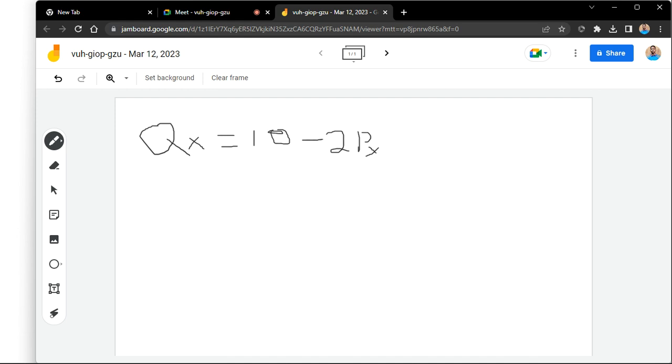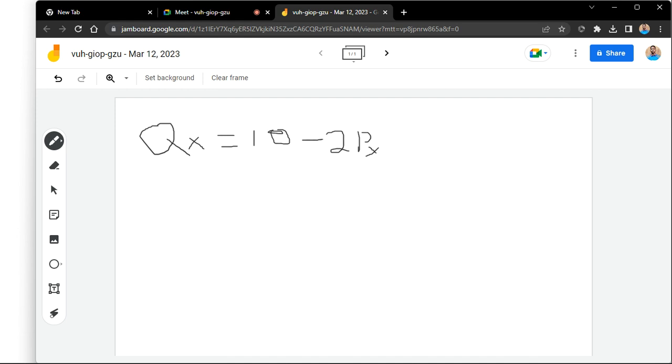If I take this 10 and make it jump the equal sign, if it is positive, the moment it crosses the equal sign it should become the opposite sign, negative. And this negative 2px, if I force it to cross the equal sign, it must give up its sign and get the opposite sign, so it should become positive. Those are the basic laws that we're going to apply here.